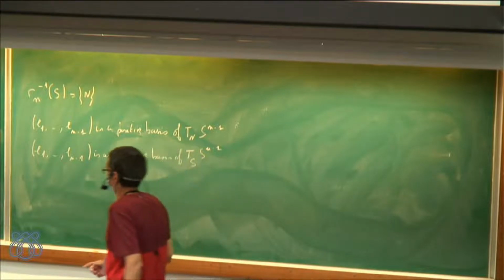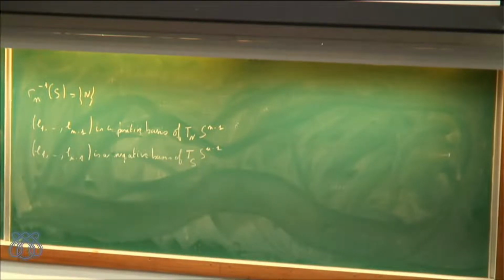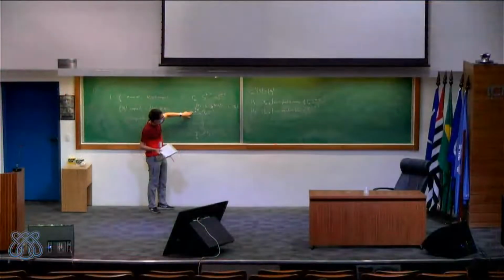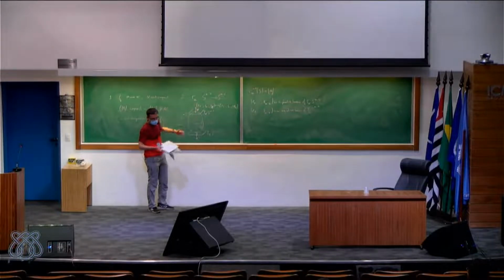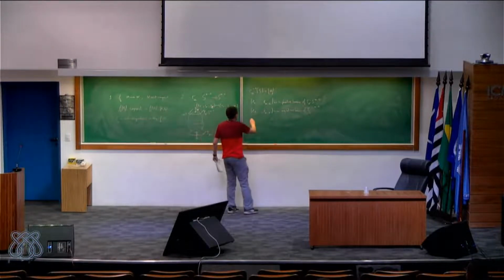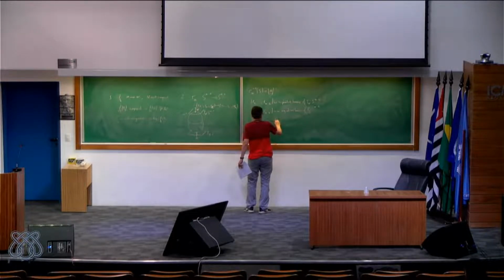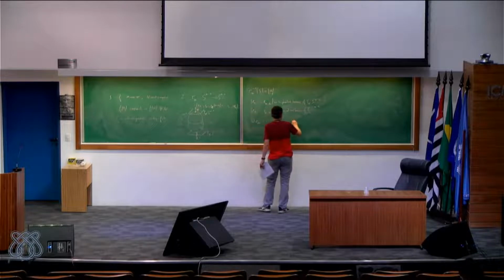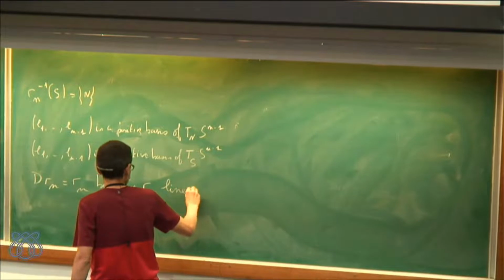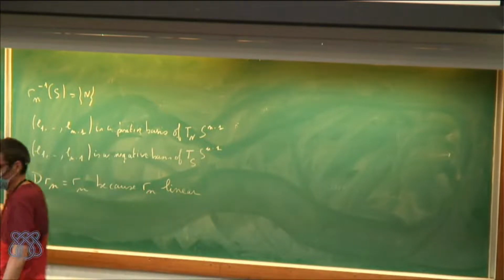So now, what is the differential? This is a linear map. The differential of R_n restricted to the tangent space is already the same mapping. So dR_n is R_n everywhere, because R_n is a linear mapping, and so it's a restriction of a linear mapping.